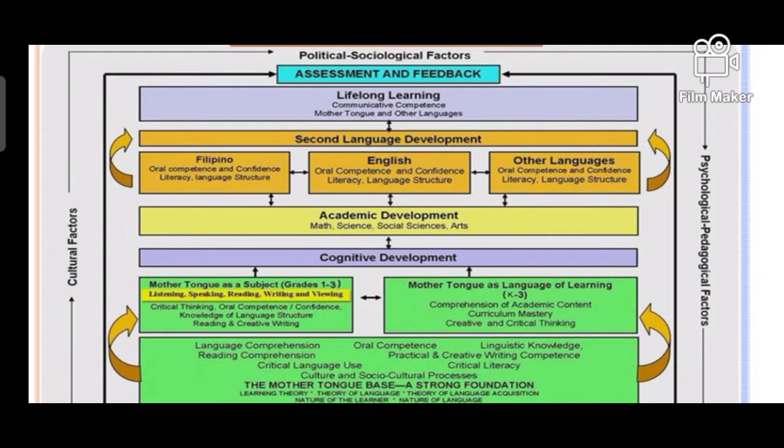And the last is the lifelong learning, wherein this is the aim of this framework to promote lifelong learning. As you can see, it is in the top of this framework. The aim of this framework is magamit sa tanan, magamit sa bata, o maghantod sa pagdako niya. And that's all.